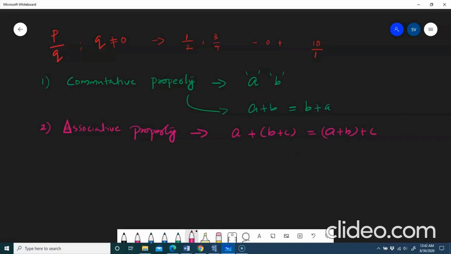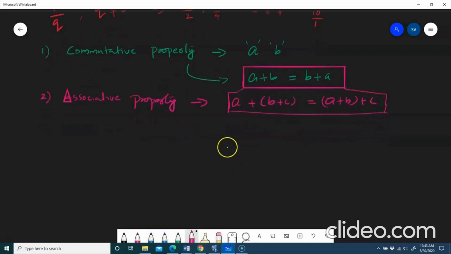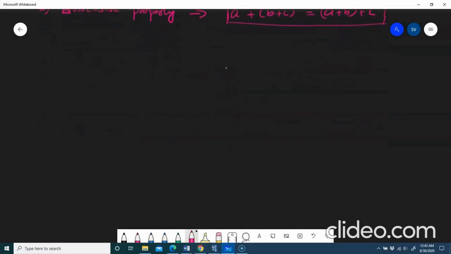Just keep these two ideas in mind, the commutative property and the associative property. Sometimes in your problems they will be very helpful tools to complete the problem. So that's what we explained about the properties.